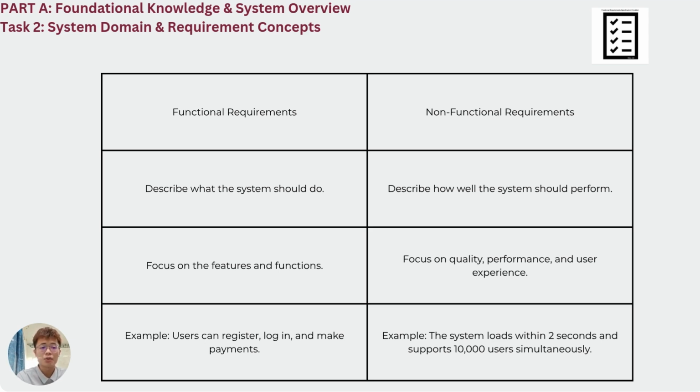Both types of requirements are equally important. Without functional requirements, the system would have no purpose, and without non-functional requirements, the system may work but perform poorly, be unreliable, or provide a bad user experience. Together, they ensure a complete, usable, and high-quality product.